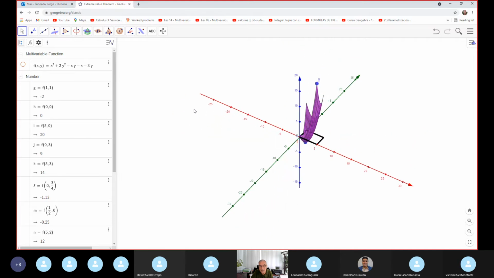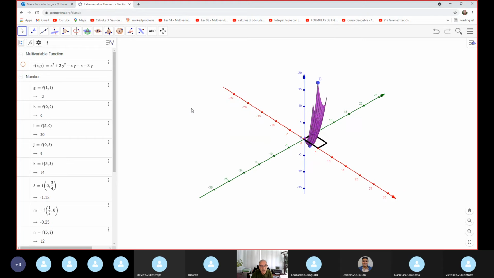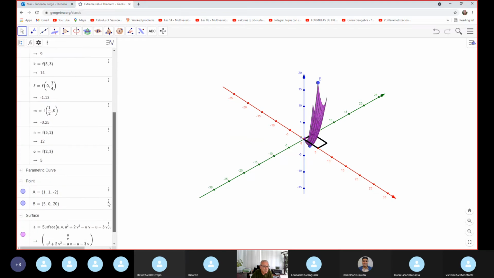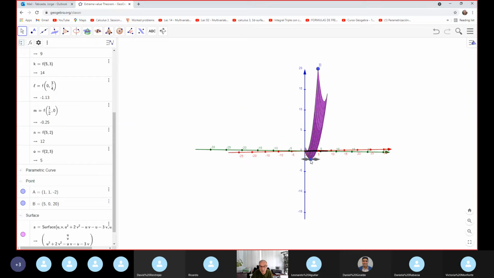In my investigation, I determined the global maximum is here at point B. Point B is (5, 0, 20), no? And the minimum is (1, 1, -2). This is the global minimum, and this is the global maximum.